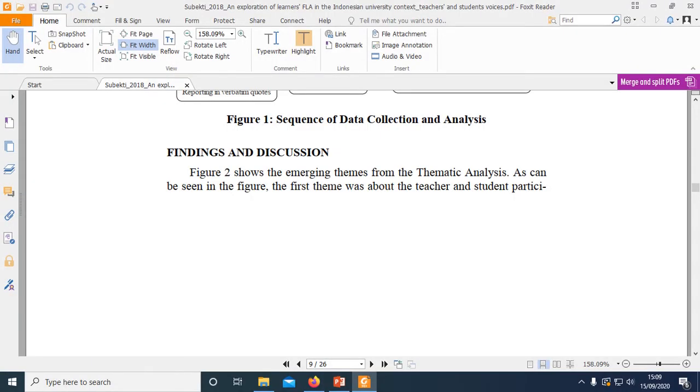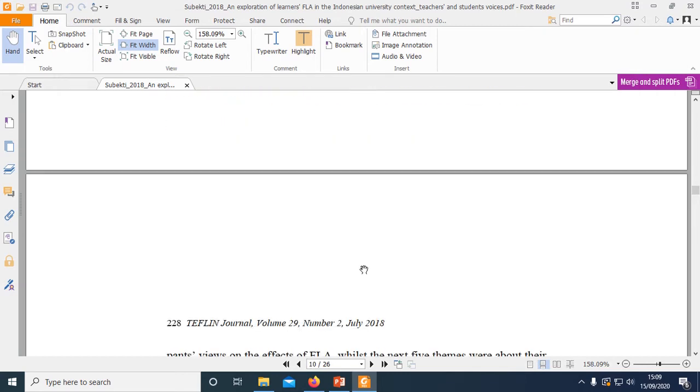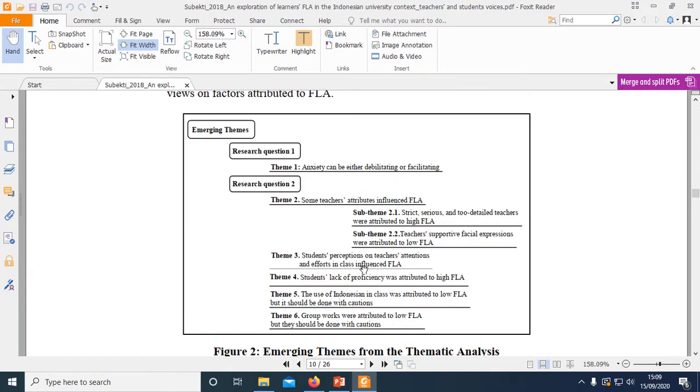If we want to see whether a journal article is reporting a quantitative or qualitative method, we can focus our attention on the findings and discussion section. For example, here on the screen, this is one of my journal articles. We pay attention to the findings and discussion and see what kinds of data the author is writing.